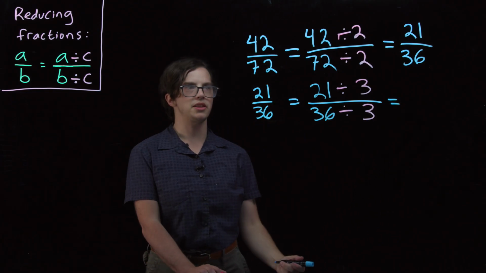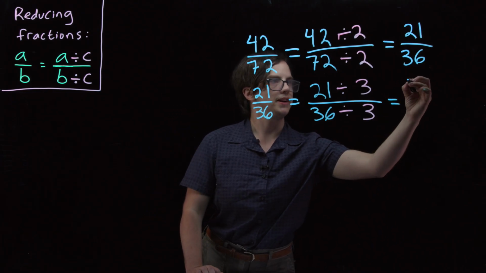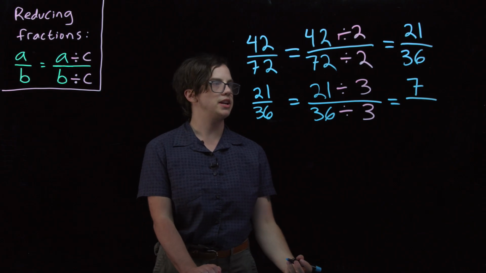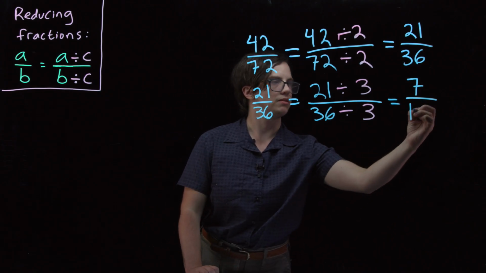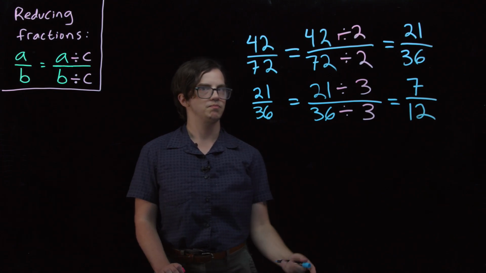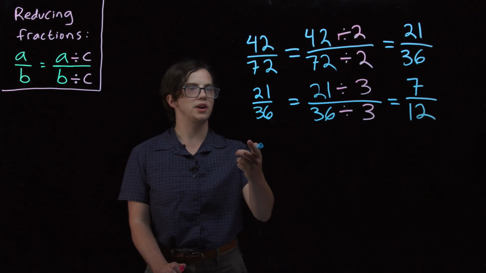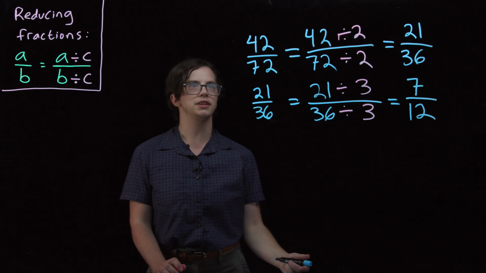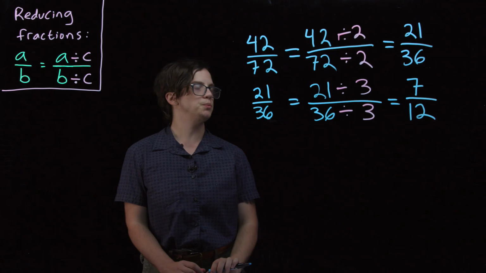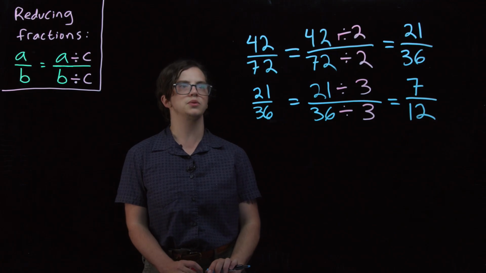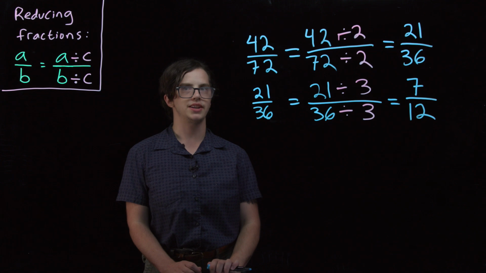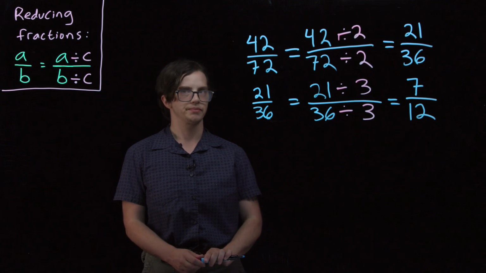So 21 divided by 3 in my numerator is 7. 36 divided by 3 in my denominator is 12. So now I have 7/12, which is an equivalent fraction to 21/36 and is also an equivalent fraction for 42/72. We know that this is the reduced form of 42/72 because there are no common factors of 7 and 12.